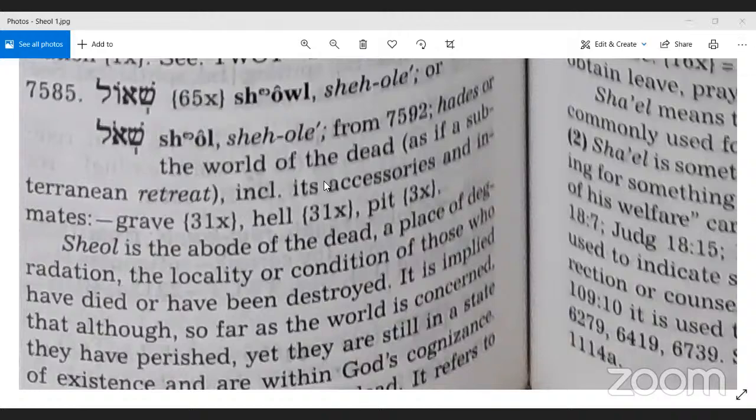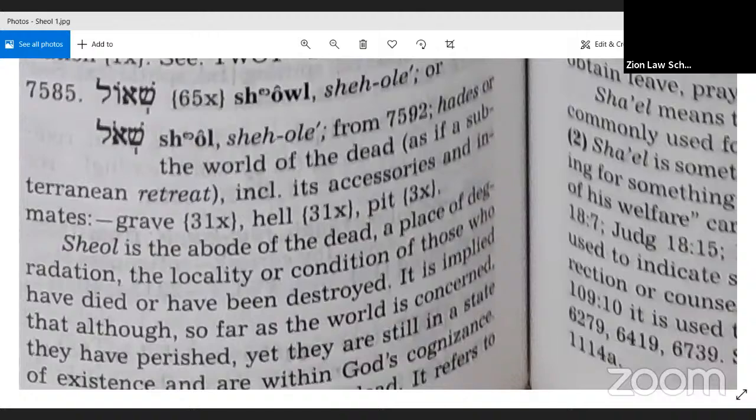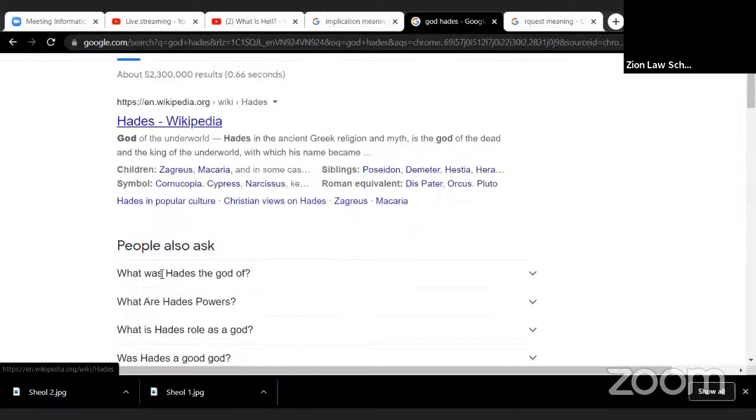Because Zeus' brother Hades was supposed to be the guardian of the underworld. I'm going to look it up so we can do it. So let me pull it up. Okay, here it is. This is Wikipedia.